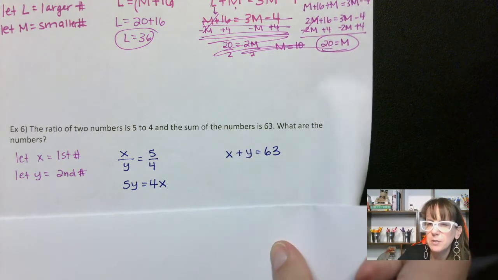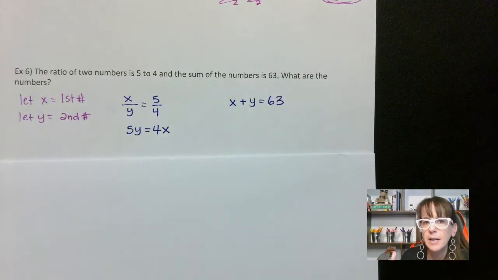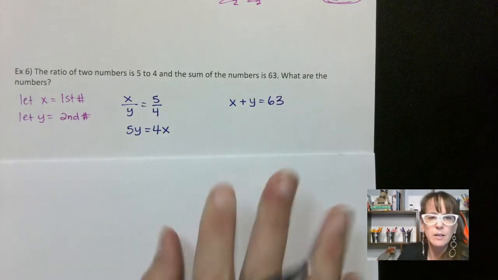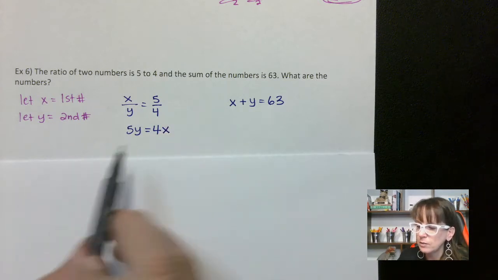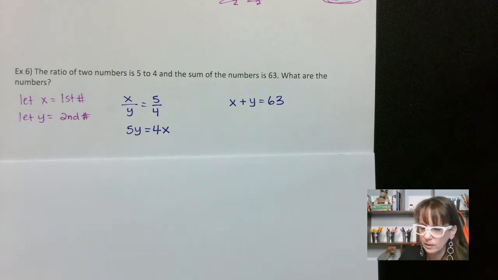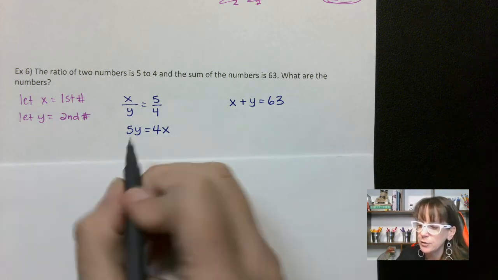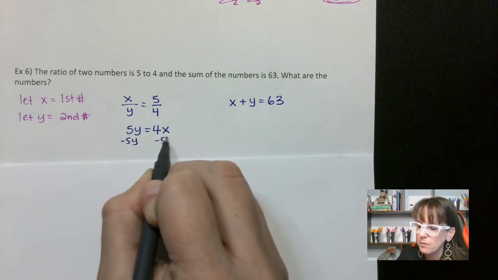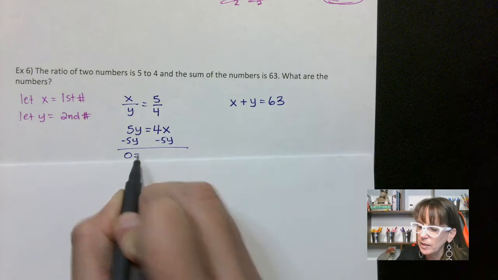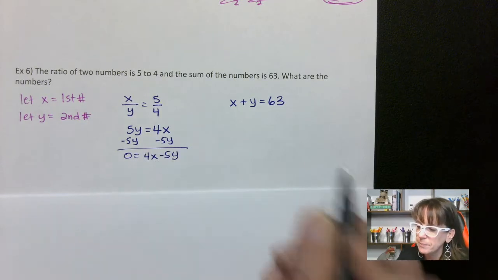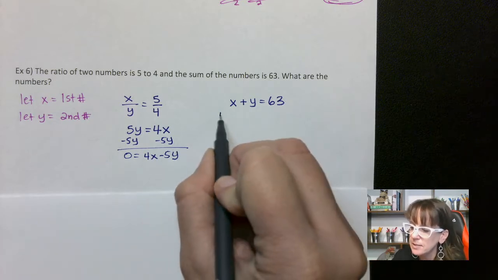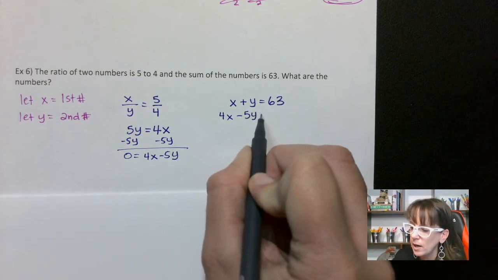Now, I want to use substitution here, or I guess I could use elimination. Let's try that. For elimination, I'm going to have to set this equal to 0. I want x and y on the same side here, and I want to do the same thing over here. So I'm going to minus 5y, and I get 0 equals 4x minus 5y. So really, 4x minus 5y equals 0.